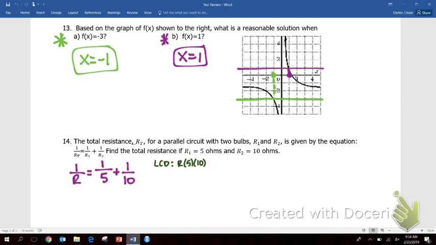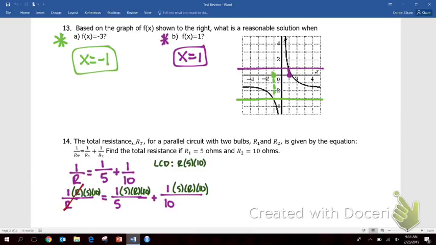So I write down the equation, but then I have to multiply every fraction by that LCD. So by R, by 5, by 10, and then we have 1 over 5. We're multiplying that by 5, by R, by 10. And now we look and see what can we cancel out.